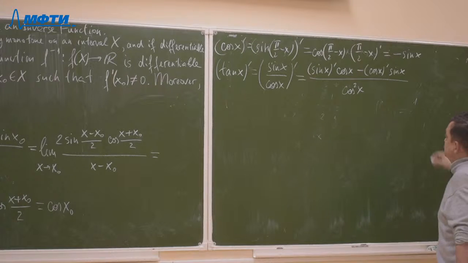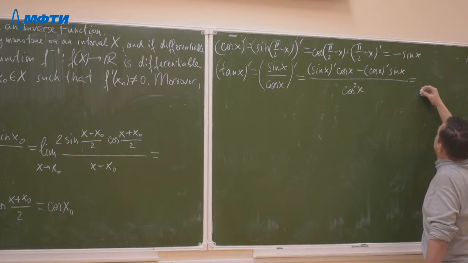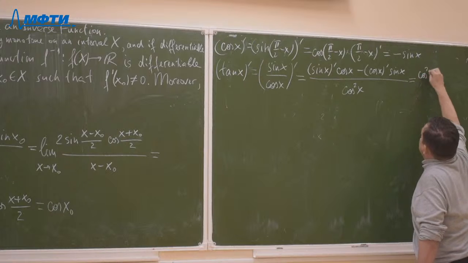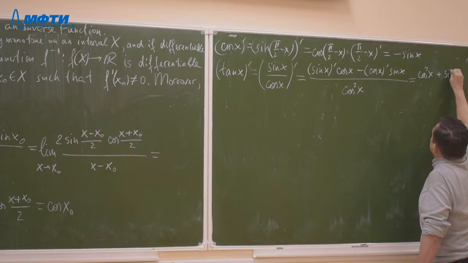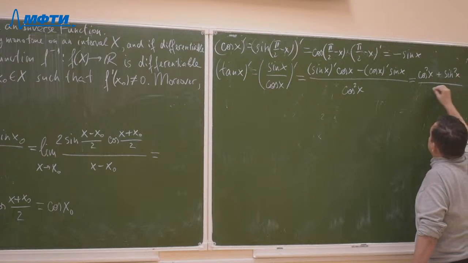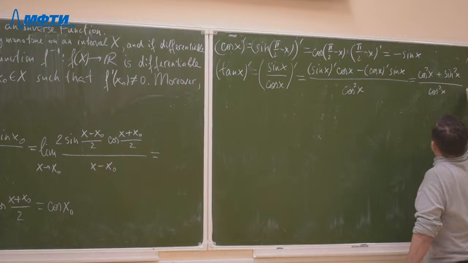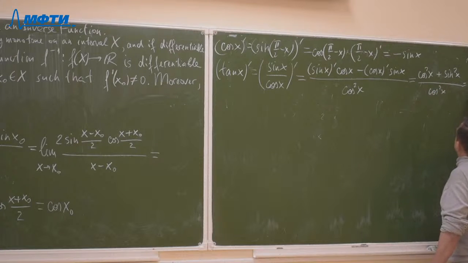Then we use former formulas. So we have cosine squared x plus sine squared x, and it gives what we want.